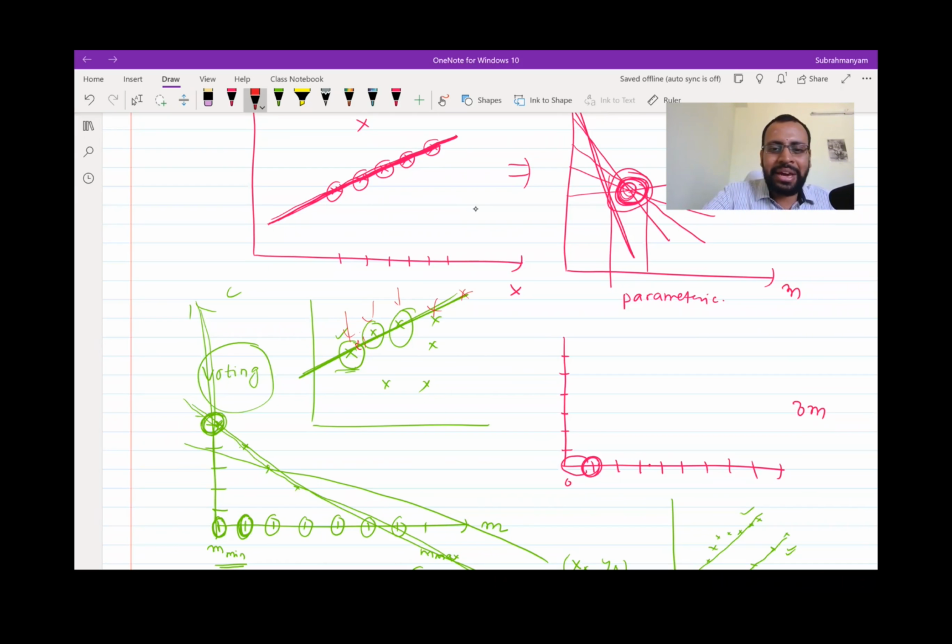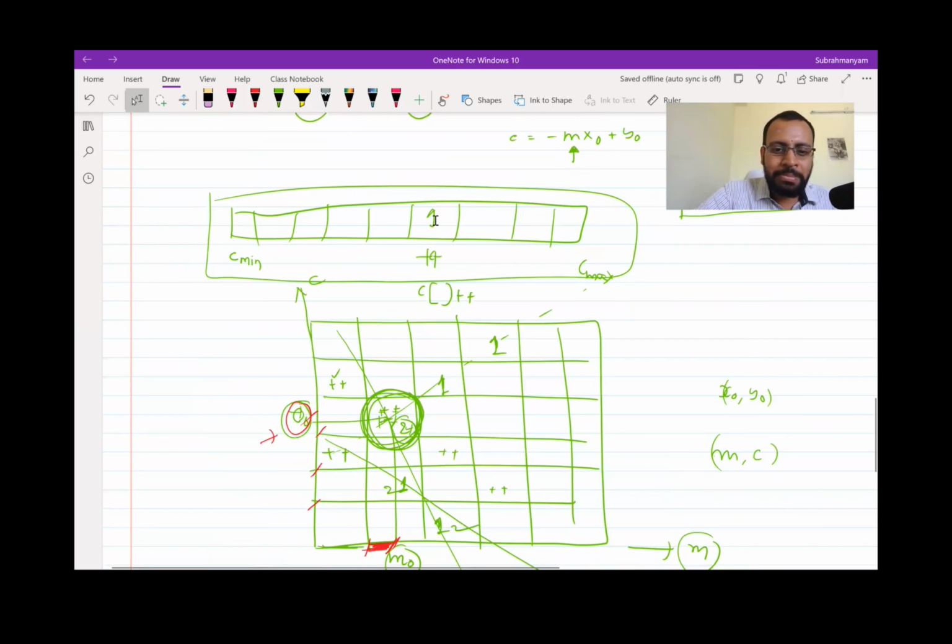As long as I have enough samples on that, that would give me enough votes here. That's good enough. I don't have to have each and every point, because at the end of the day, I am simply looking at which combination of M and C got the maximum number of votes.